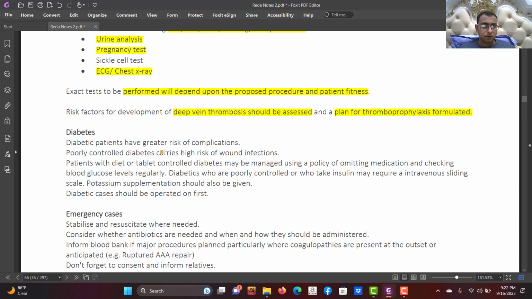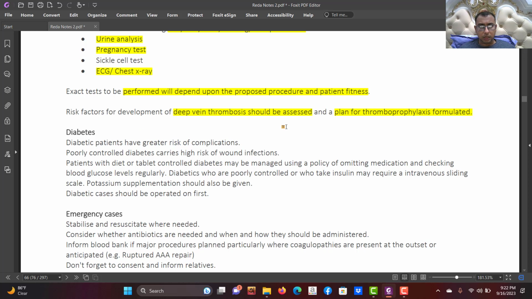Like you can say pelvic surgery, or fracture of the neck of the femur, and aortic aneurysm rupture, or any kind of pelvic surgeries like colorectal malignancy surgery, hemicolectomies, APER surgery.